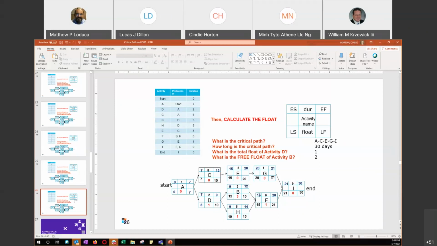If I delay B by 3 days, I exceed my free float. I cannot start F on day 14 because B took more than 2 days. I used up all of my free float. But I can still make my late start date on F.